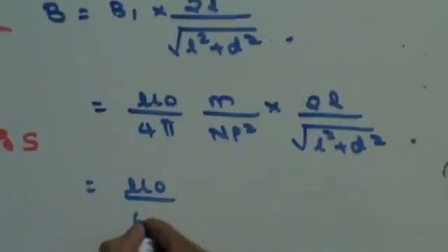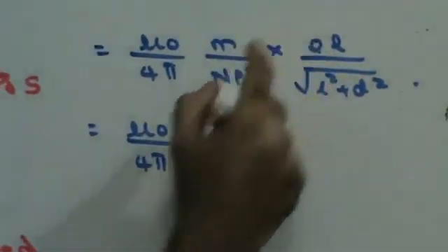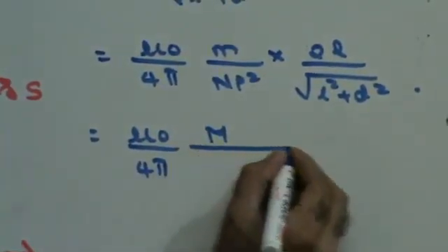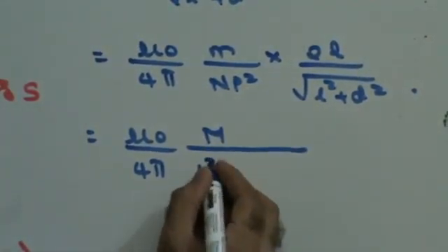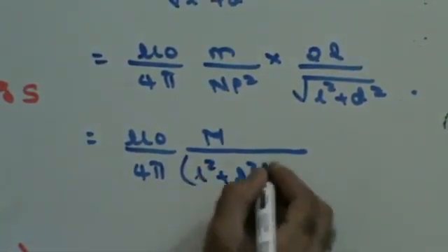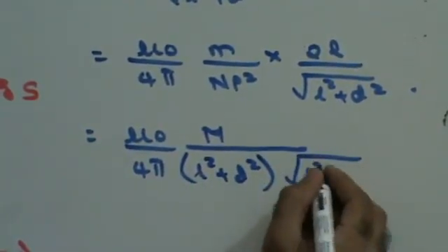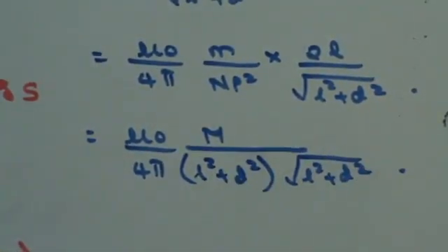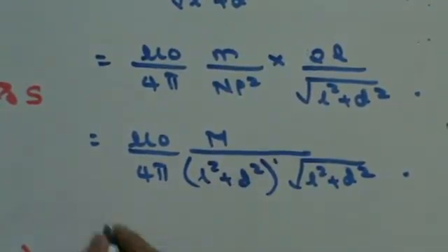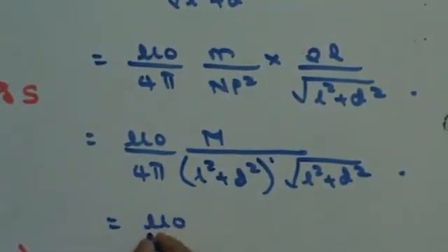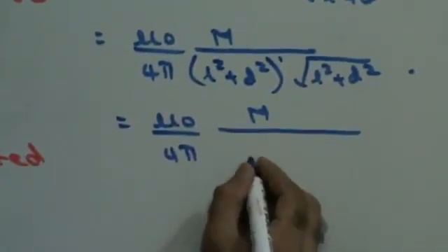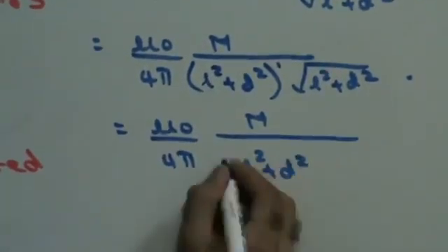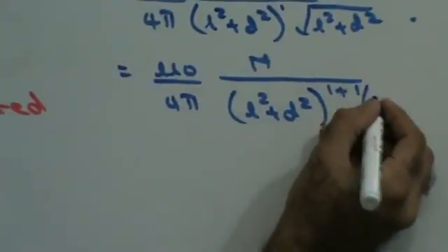This is mu 0 upon 4 pi. M into 2L is the magnetic dipole moment. NP square can be written as L square plus D square into square root of L square plus D square. By laws of indices, mu 0 upon 4 pi M upon L square plus D square raised to 1 plus 1 by 2.